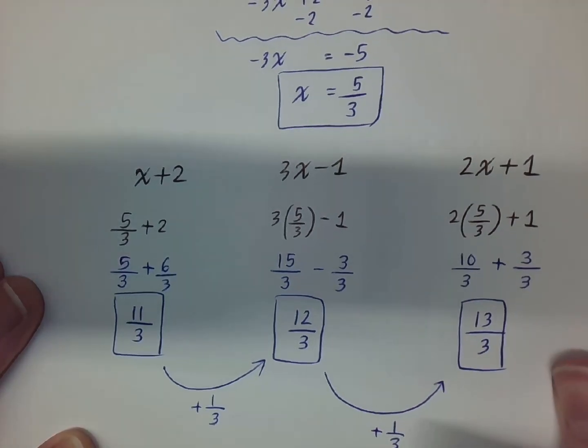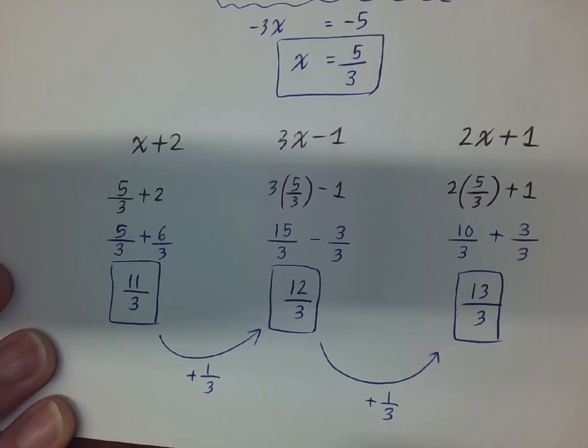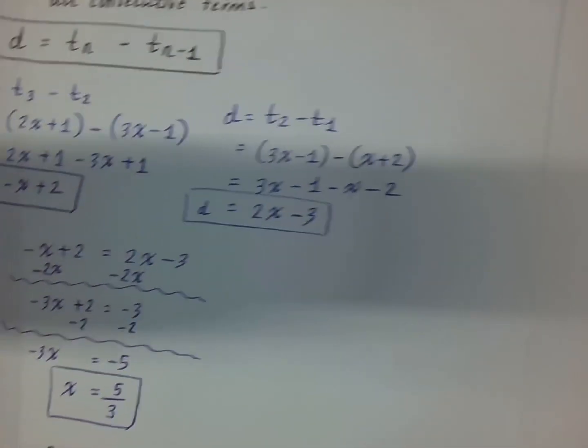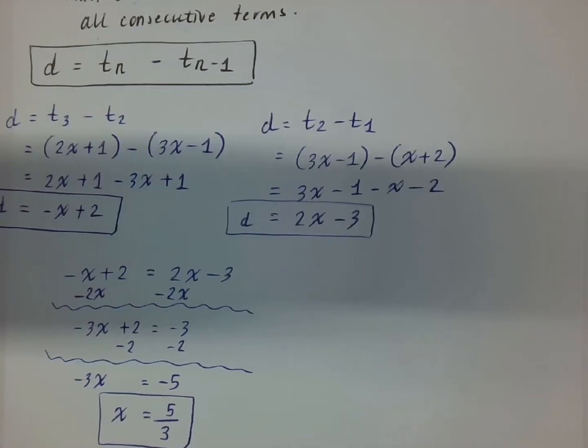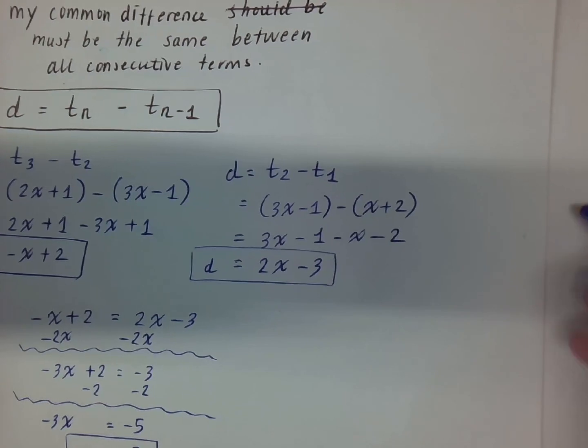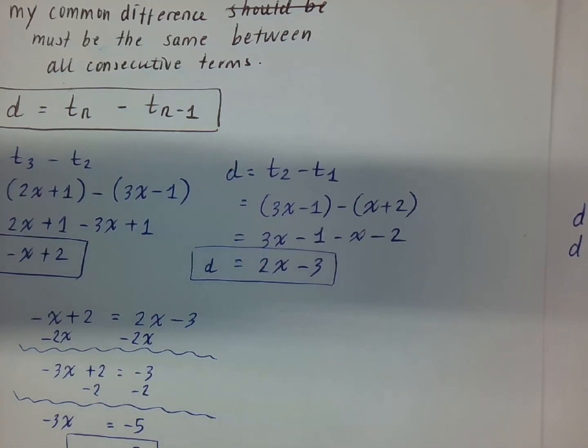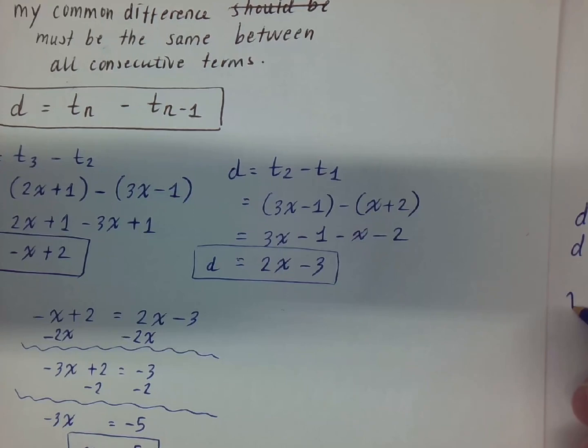So let's double check. Is the common difference 1/3? d could equal negative x plus 2 and d can equal 2x minus 3, and x equals 5 over 3.